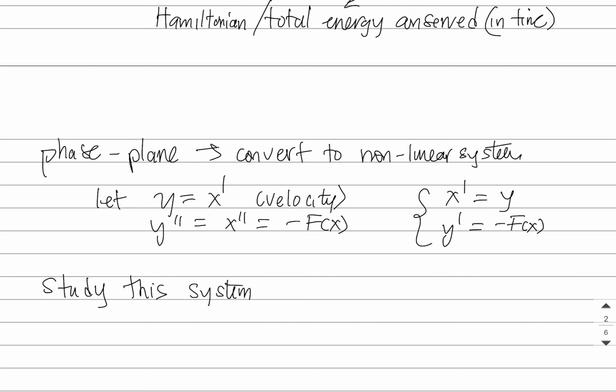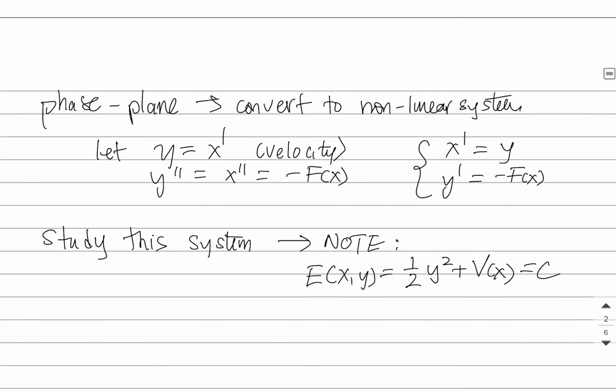Now, there's a big note here. Remember that the energy that we came up with, we can now interpret here. It's 1/2 x prime squared, so this is going to be 1/2 y squared plus some function v of x, and this has to be constant. This is going to give a relationship between our solution, x of t, and y in the phase plane.